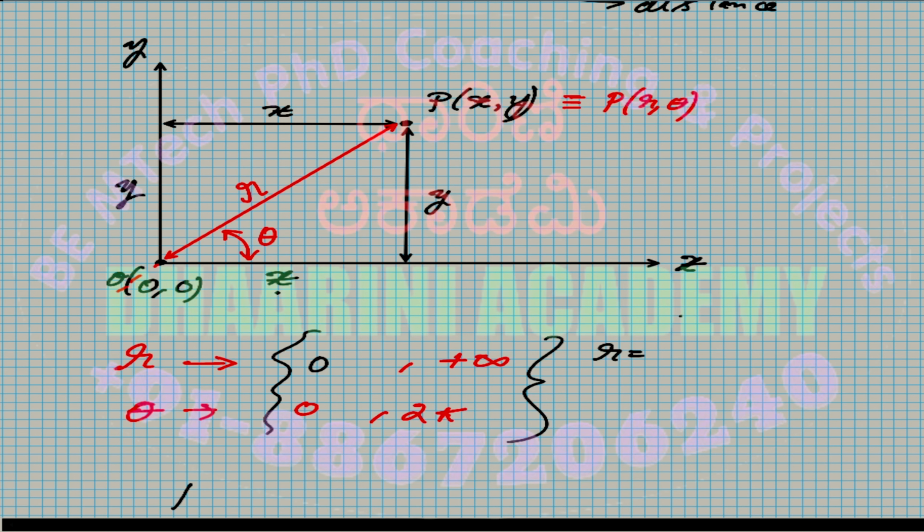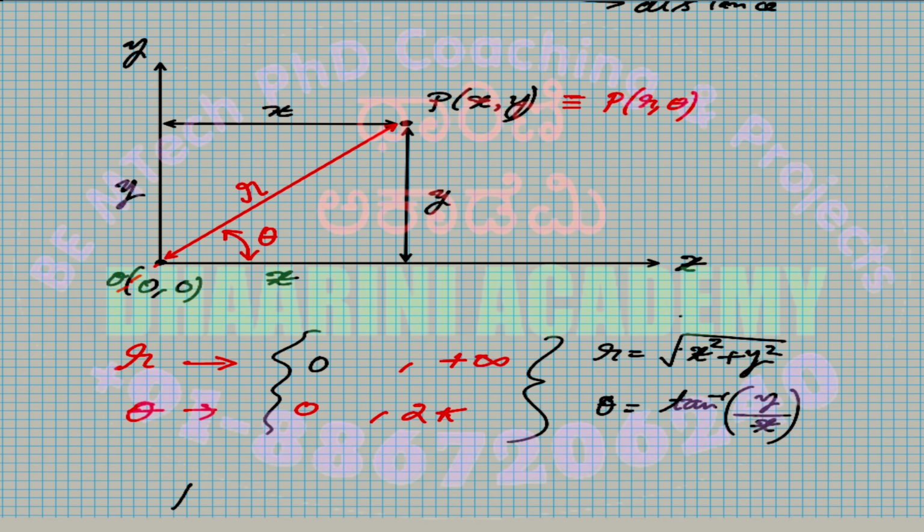Because x can be anywhere, I can mark anywhere. So I can write r is equal to root of x square plus y square, isn't it? Similarly, theta, you can use a ratio, tan theta is equal to y by x, so theta is equal to tan inverse y by x. Are you okay? So this is how I convert.